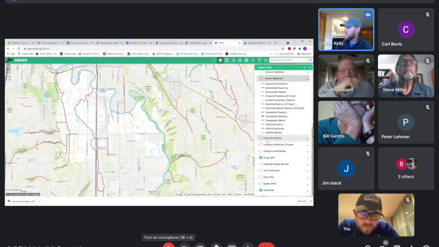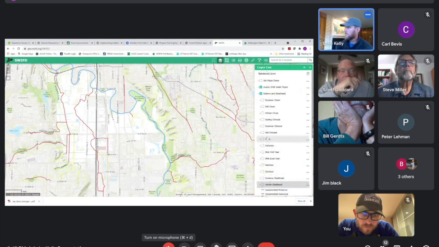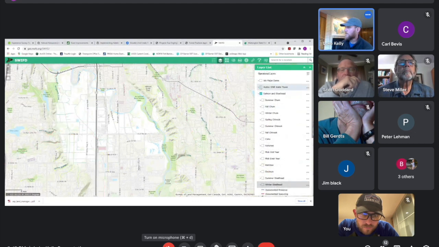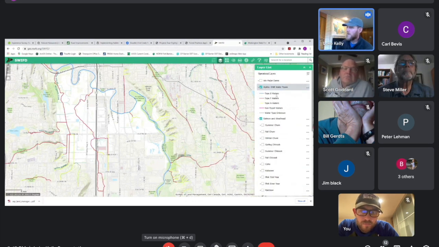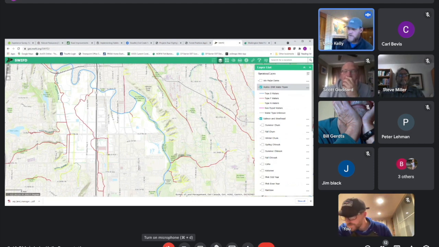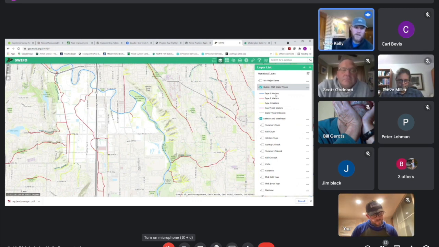What do we have for red? There we go. I have the DNR water types. So look at this. This is also on here. Type S, type F, type N. So you've got to be careful if you have too many layers on at once, because they're using the same colors, red versus what have you. But right here on Swifty, you can go and identify both and make note of that.